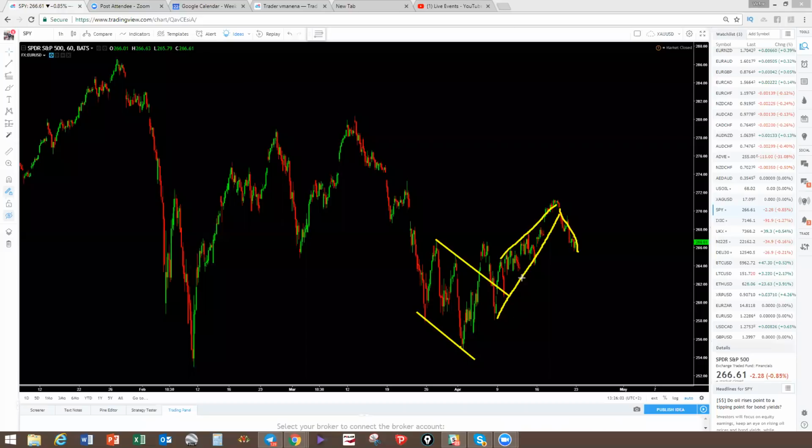And they broke out and they were making these diagonals here. So this looks like A, B, C here, and we broke down. So you got the break to the downside, you need to get another one. You need to get a bit of a deeper one for further downside. Not all the way necessarily, it may just end up to this level. So short-term bearish, last time we said bullish short-term, and it played out exactly like that. So we need to get a flag here for downside. Initial target this size.